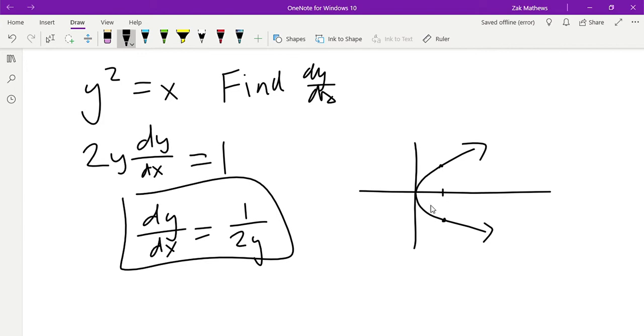Versus if you just said, hey, find the slope value when y is equal to 1, I know exactly that point. Or if I want to know the slope value when y is negative 1, I know I'm looking at exactly that point. So no longer does the function strictly depend on x, or it might not even depend on x, it might depend on the y.